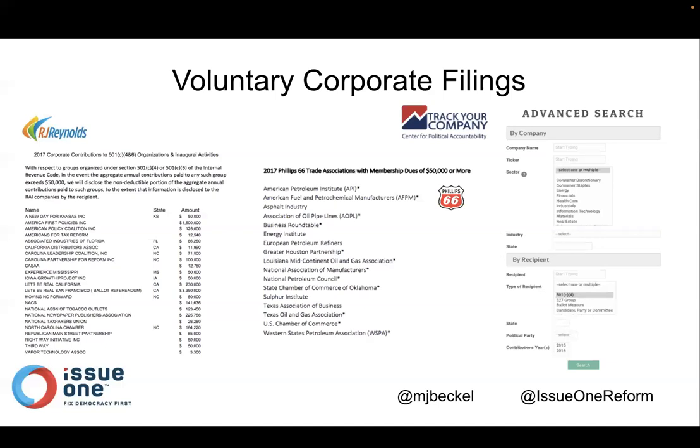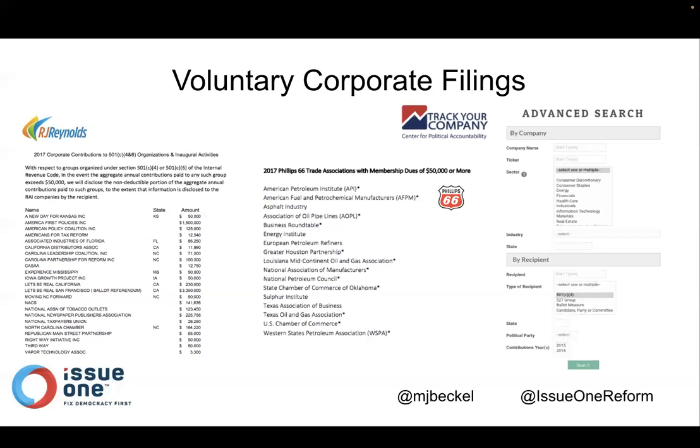The trackyourcompany.org website is a really great starting point to say which companies have done this in the past, where has that money gone in the past, but there might be a little bit of lag time between when information is on that database from the Center for Political Accountability and what's available real time on a company's website.